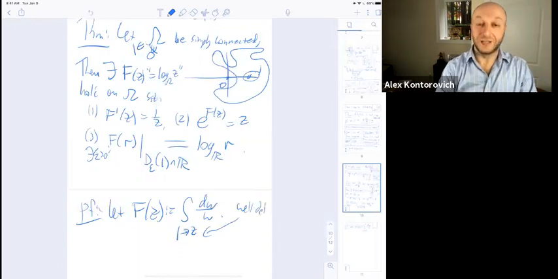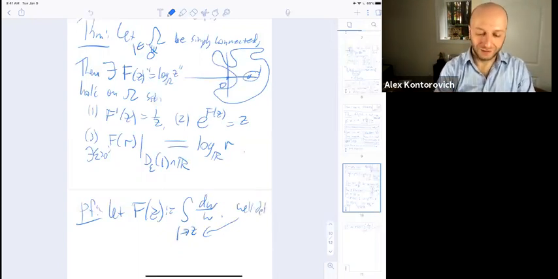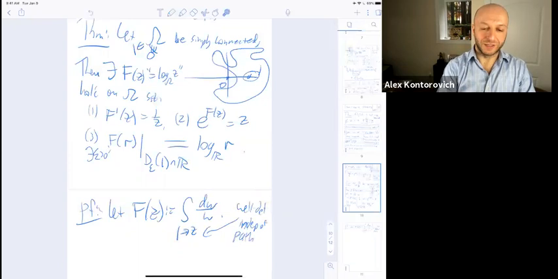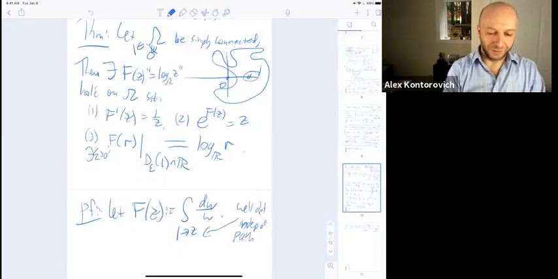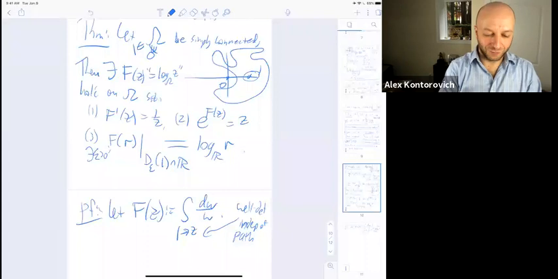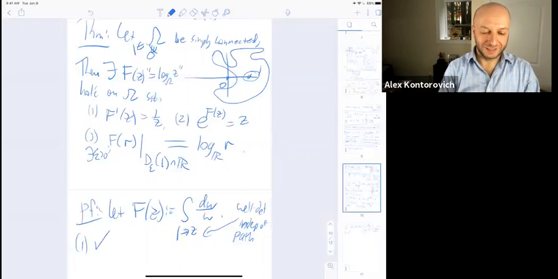It's independent of the choice of path, since omega is simply connected. This formula is proved as always. So 1 follows from our usual things. 1 is, let's just say, clear.